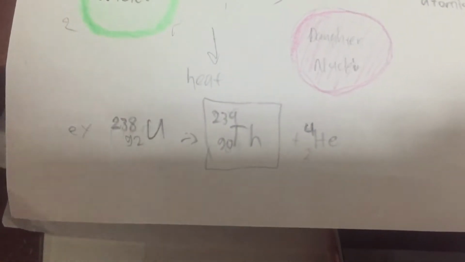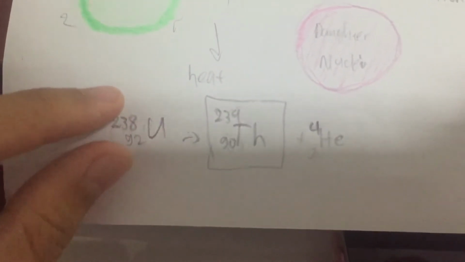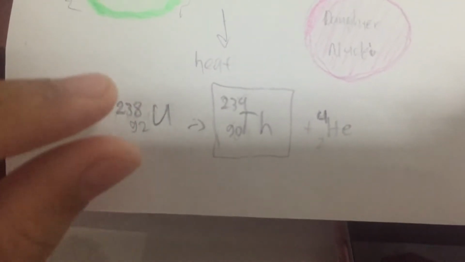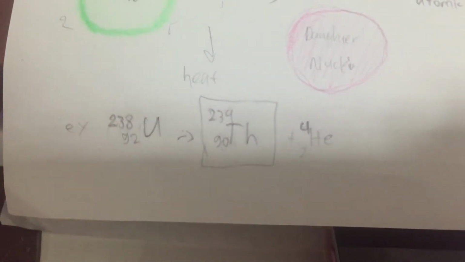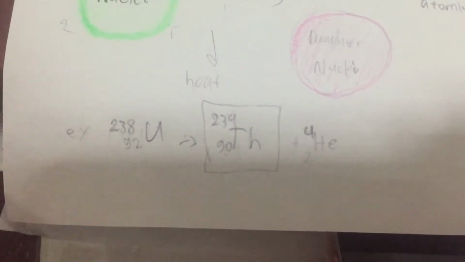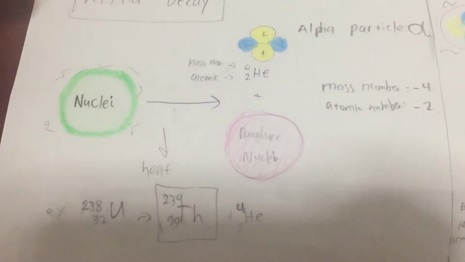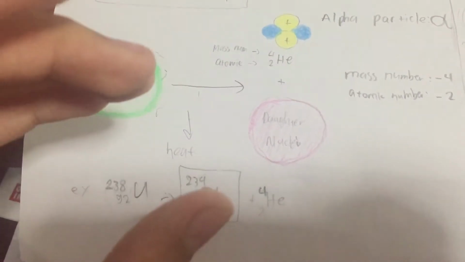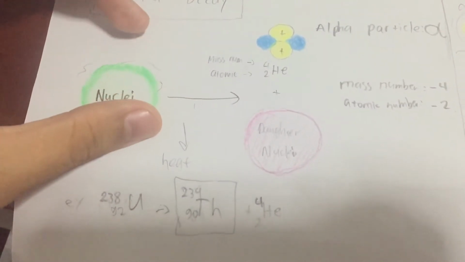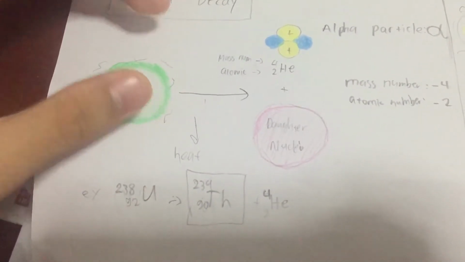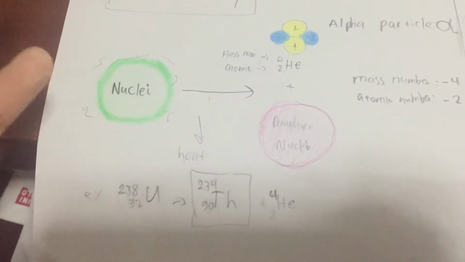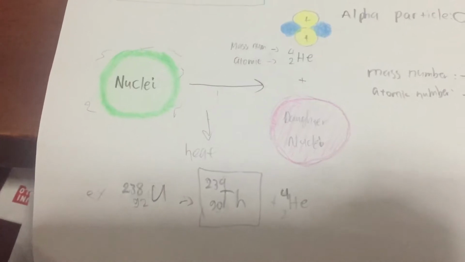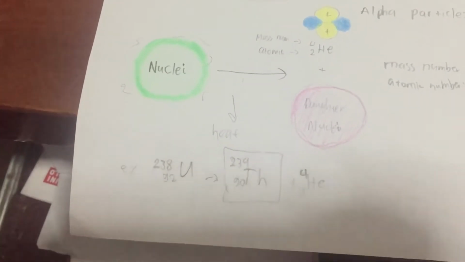Based on the mass number and atomic number, you subtract, and you get a result, which is another element. When it gives off a part of the nucleus, an atom, it will release energy in the form of heat, or you can say kinetic energy.